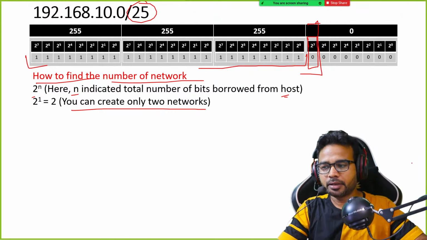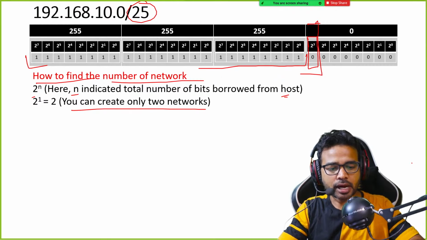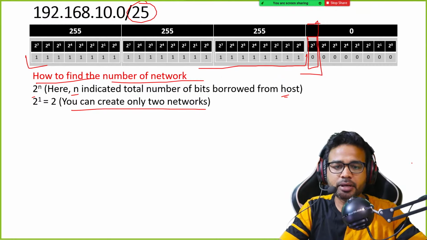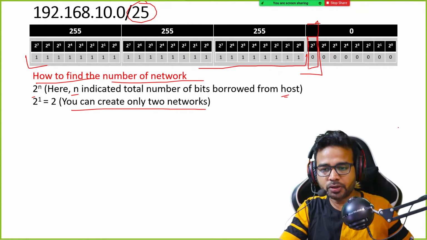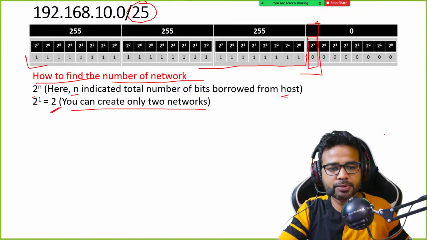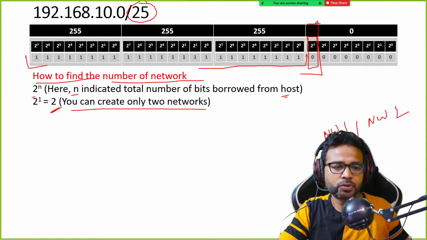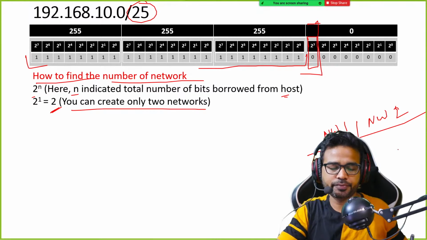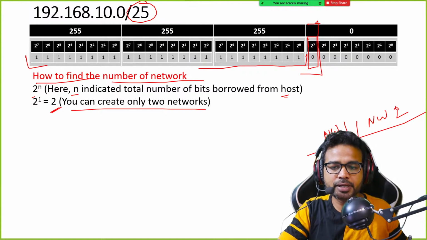Okay. Now next is how to find the number of hosts. As you can see, we got 2 networks, correct? This is network number 1 and this is network number 2. Now the question is how many IP addresses do we get on each network? Let me show you.